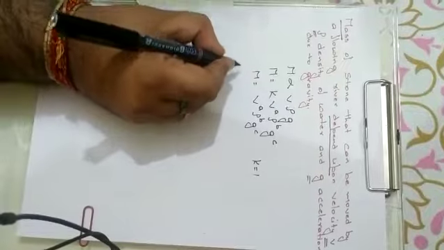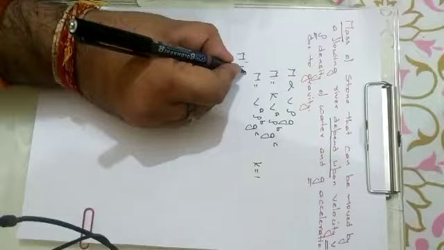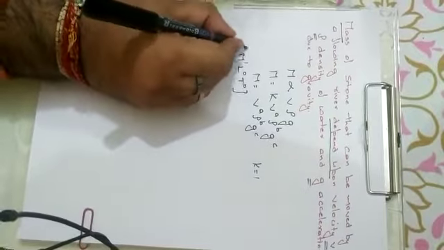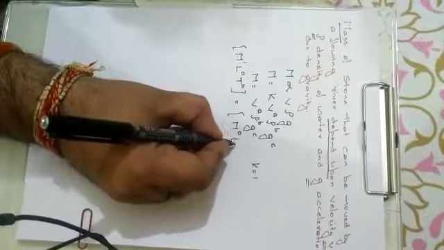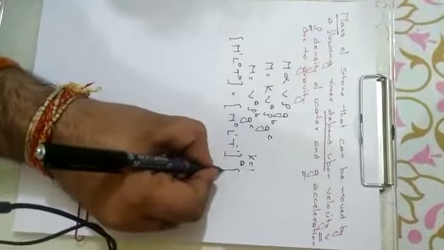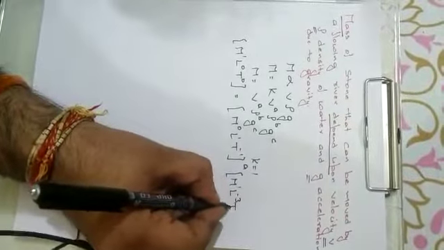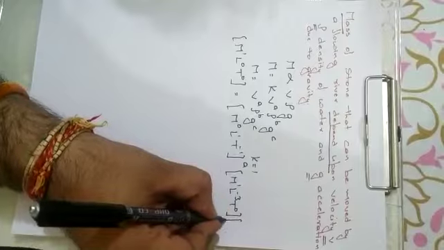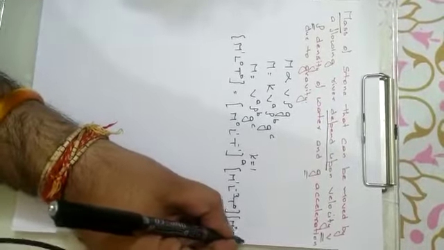Step 4, applying the dimensions. So M1 L0 T0 equals M0 L1 T minus 1 to the power a, M1 L minus 3 T0, and M0 L T minus 2 to the power c.